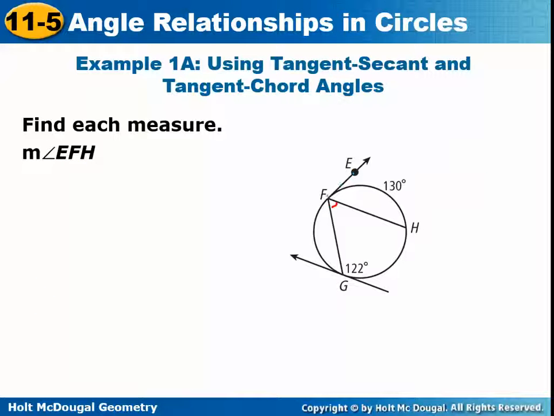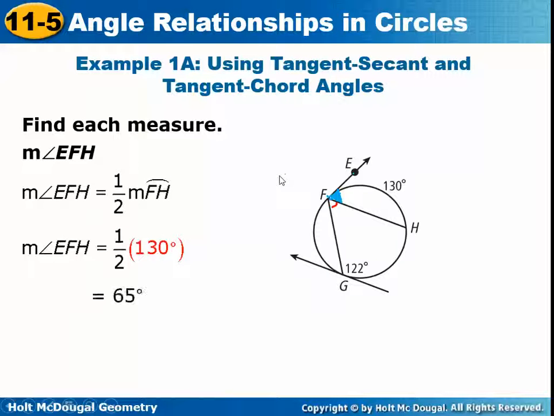Here's E, here's F, here's H. We're talking about this angle right here. And the great thing is that we know its intercepted arc is 130 degrees. So that means that angle EFH is going to be half of 130, which is 65.